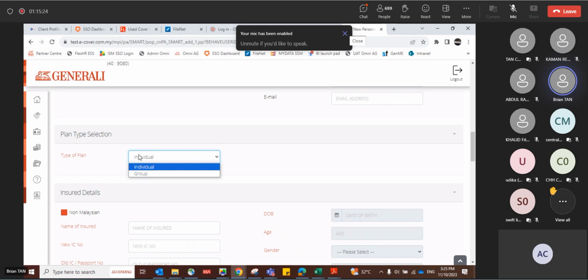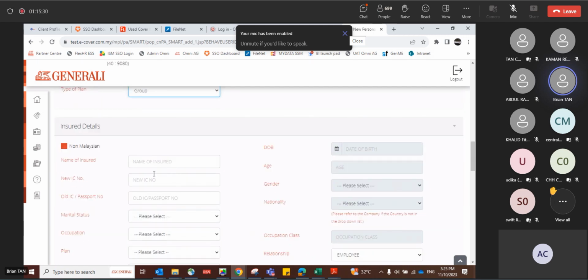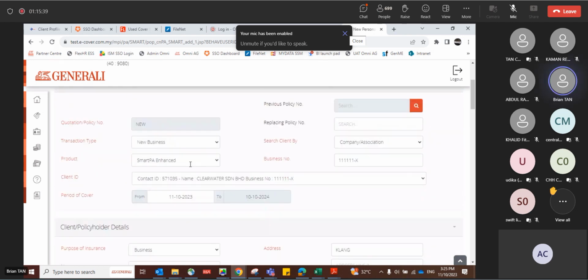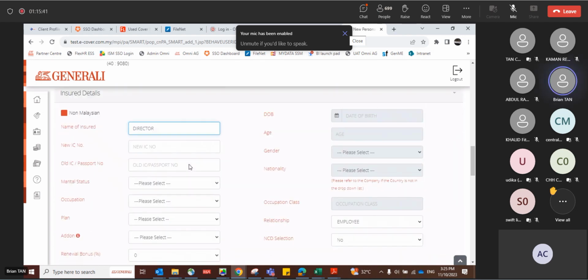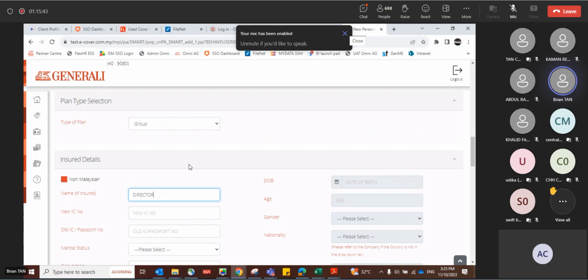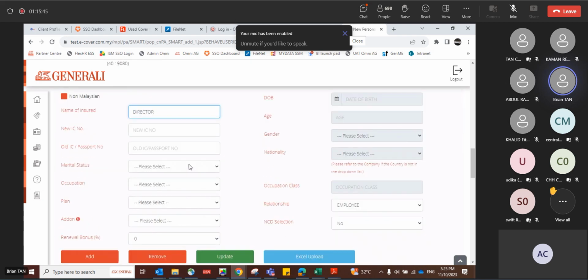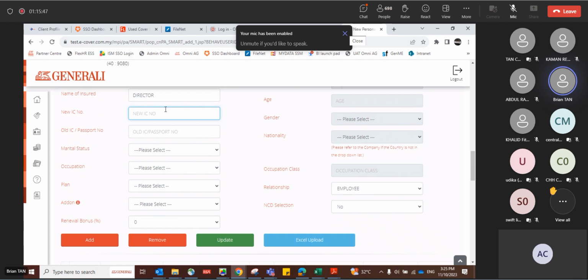You choose the plan, individual or group. I choose group. Here you put the director name, company, and insure for director or other management team. Then you just put the IC as usual.